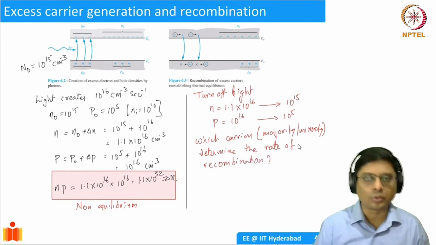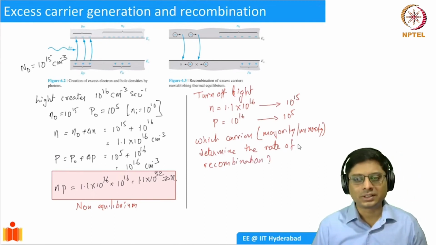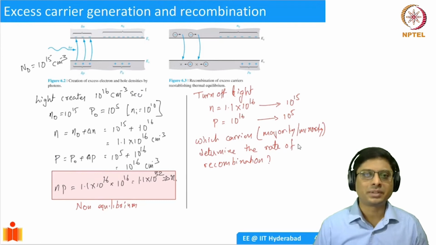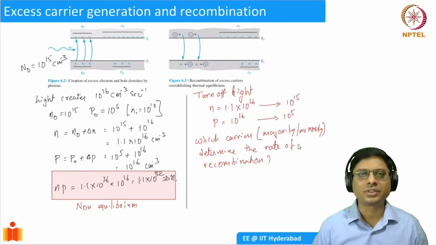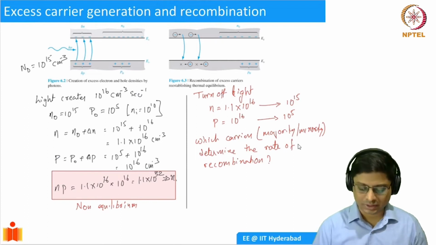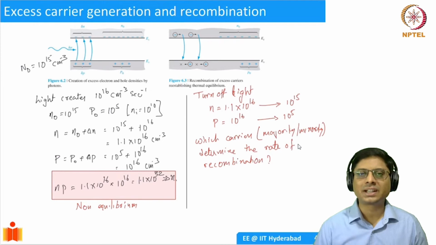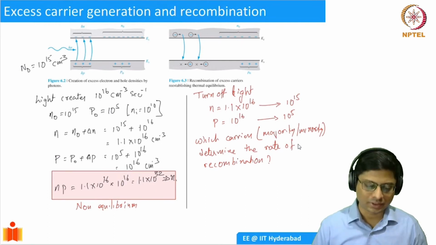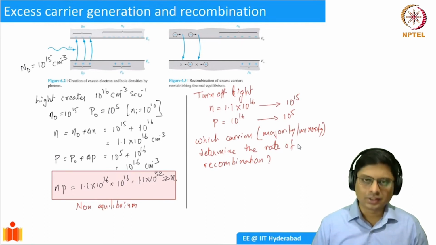What determines this? You saw that when you have a perturbation, an external stimulus perturbing the electron hole densities, the majority carriers are not significantly affected, but minority carriers are significantly affected, depending on the strength of the perturbation. But when will the electron hole pairs recombine?